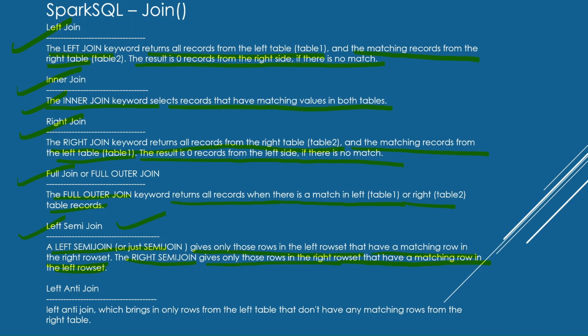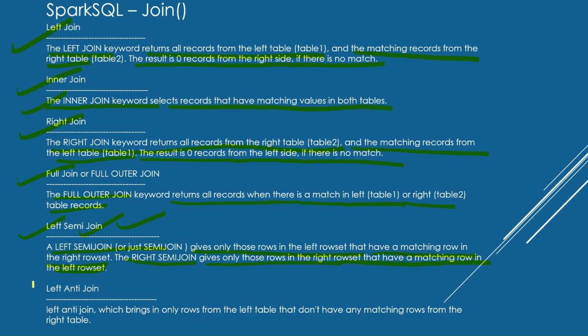If the records match in both tables, only the columns present in the left table will be visible in the output of the left semi. Even if it is matching, when you do a left semi join, the right table columns will not be visible.